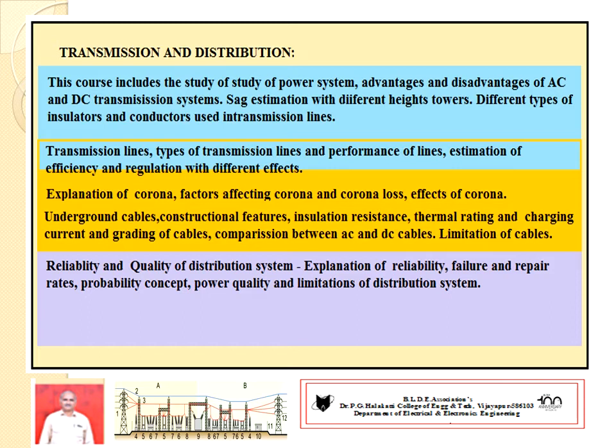How will the different effects affect the performance, and the regulation at the receiving end of the power? We have sending end power and receiving end power. How the line will affect, how the voltage drop takes place, and how it should be compensated. Lastly, we come to the quality and reliability of electricity.